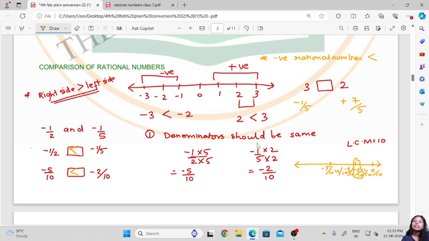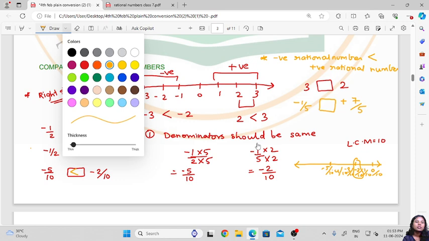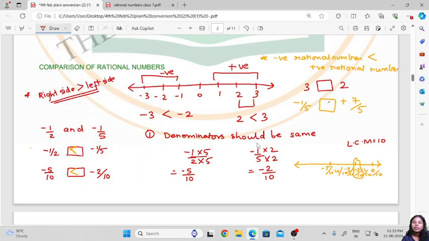So in this case, plus 7 by 5 is obviously going to be greater.